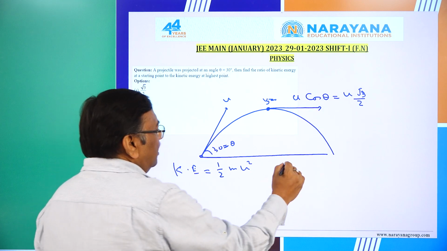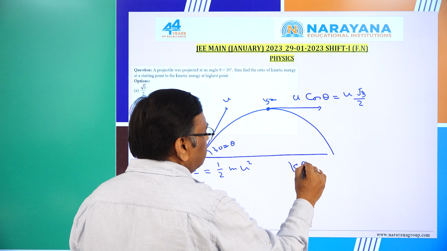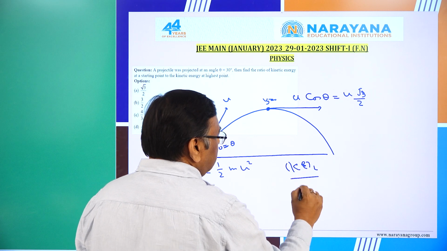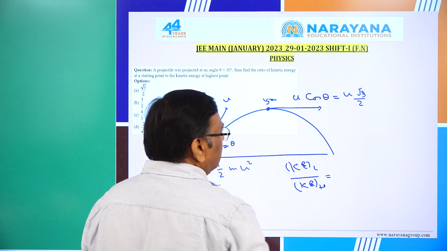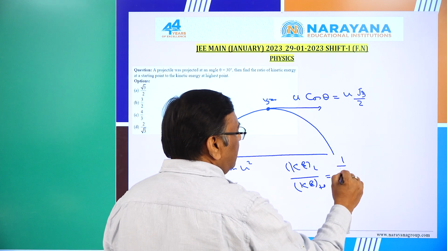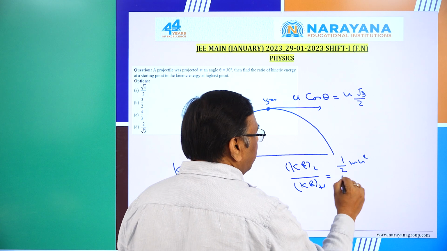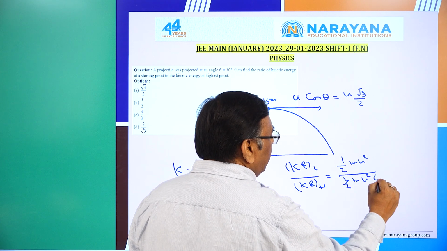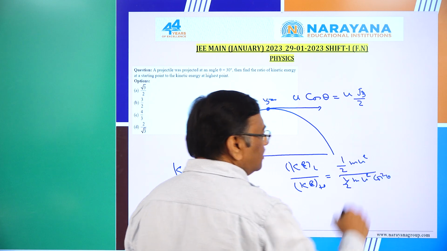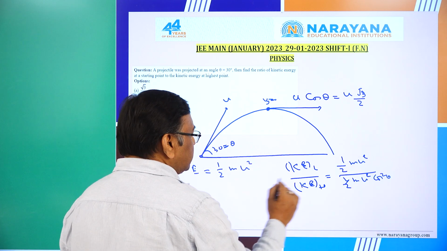So the kinetic energy at the lowest point to the kinetic energy at the highest point is half m u square divided by half m u square cos square theta. So definitely it is going to be sec square theta.